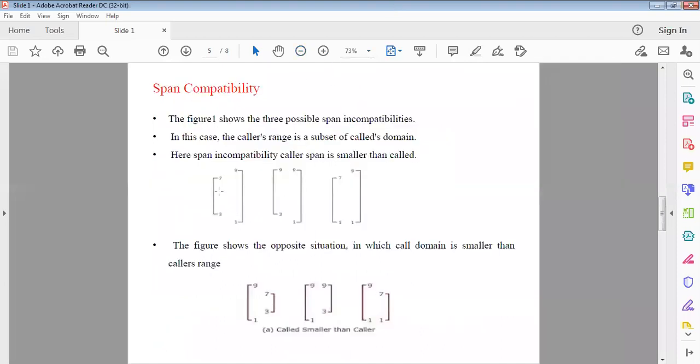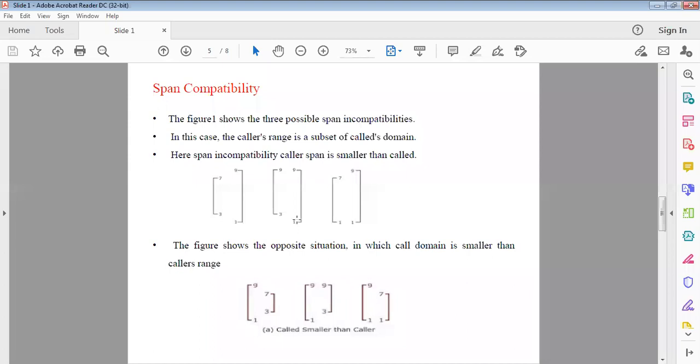This is the first one, the caller, and the second one is the called. So the caller is a subset of called. This is an incompatibility. See, the range of the caller is 3 to 7 and the called is 1 to 9. So the caller is the subset of called. This is an incompatibility representation.